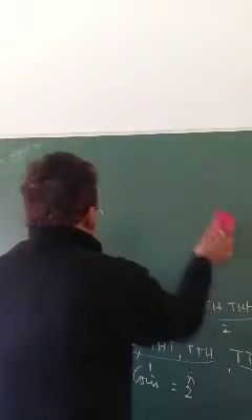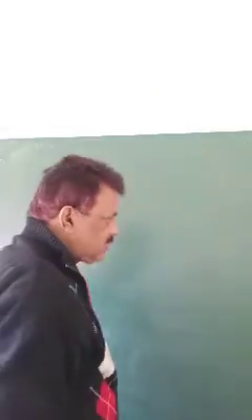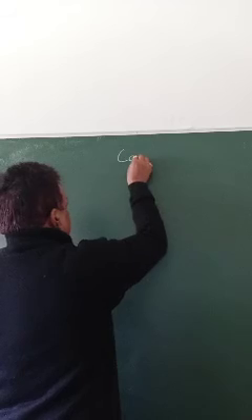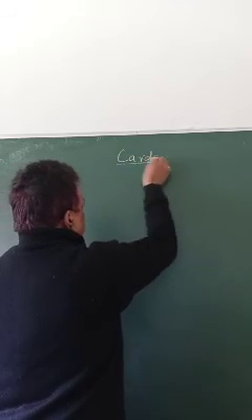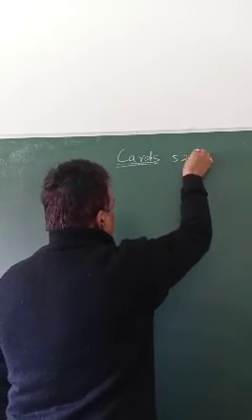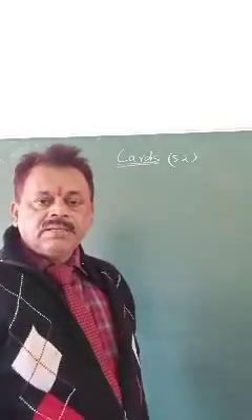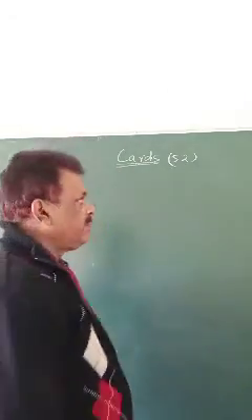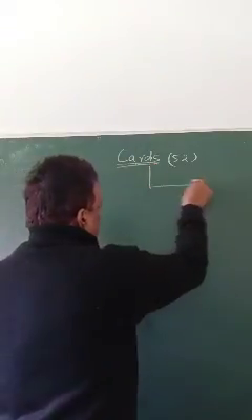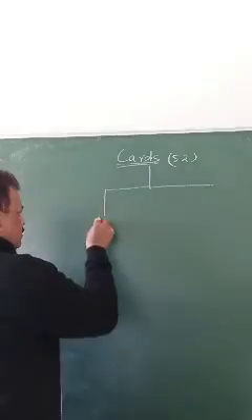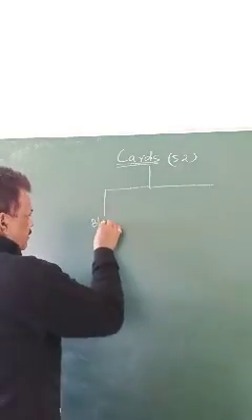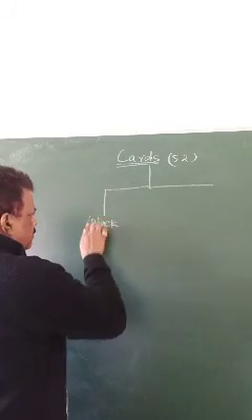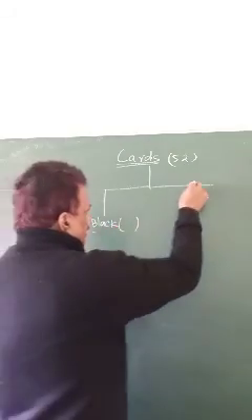Then let's see cards. We have 52 playing cards. Then two colors: black and red.